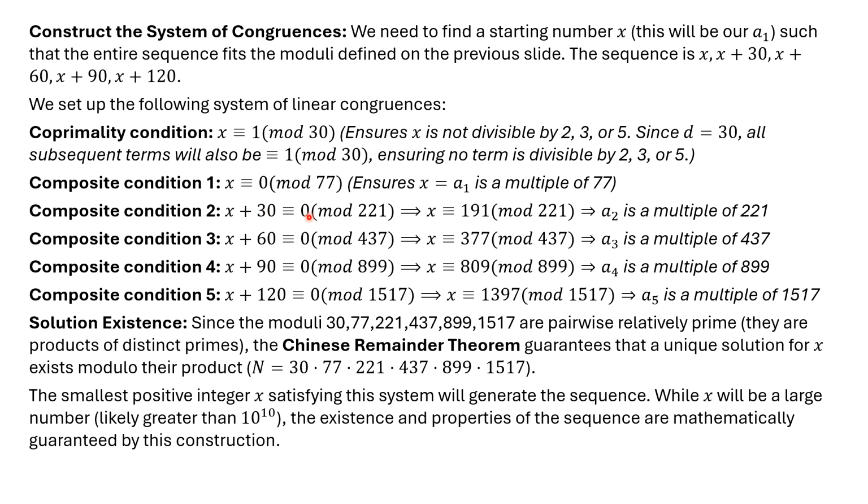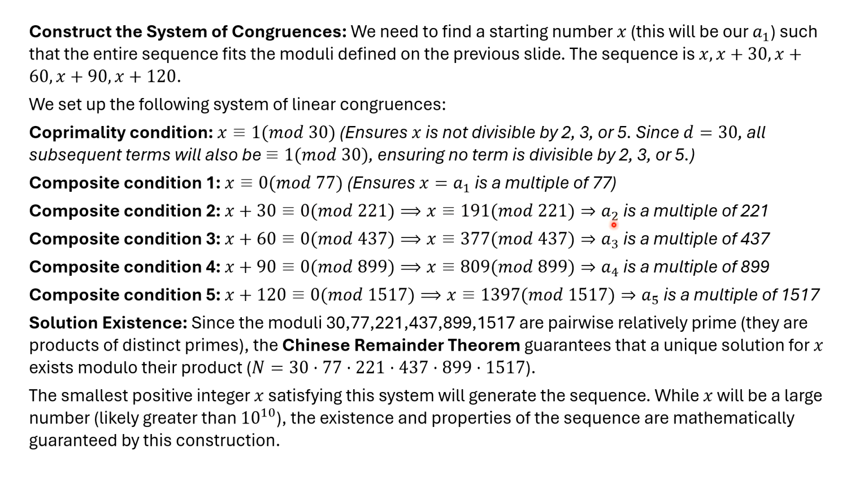Then we have x plus 30 is congruent to 0 mod 221. This was our n sub 2, but we want to take the 30 to the other side, to get this into a form we can apply the Chinese remainder theorem to. So we move the 30 here, it'd be minus 30, and then we add 221 to it, we get 191.